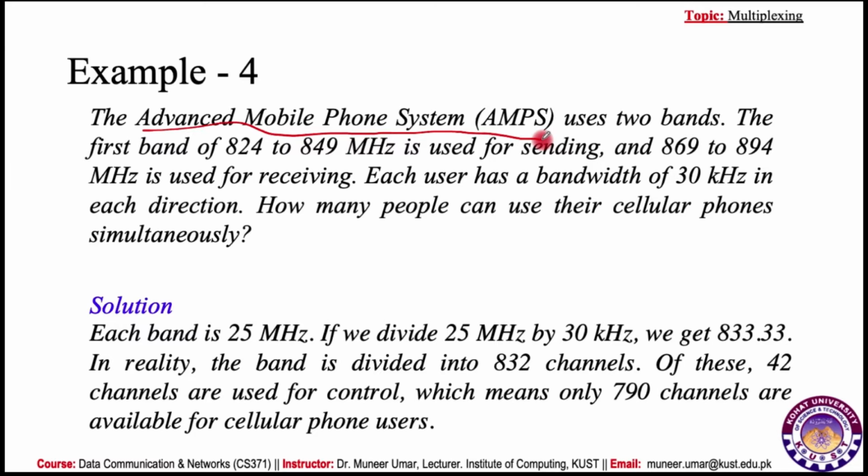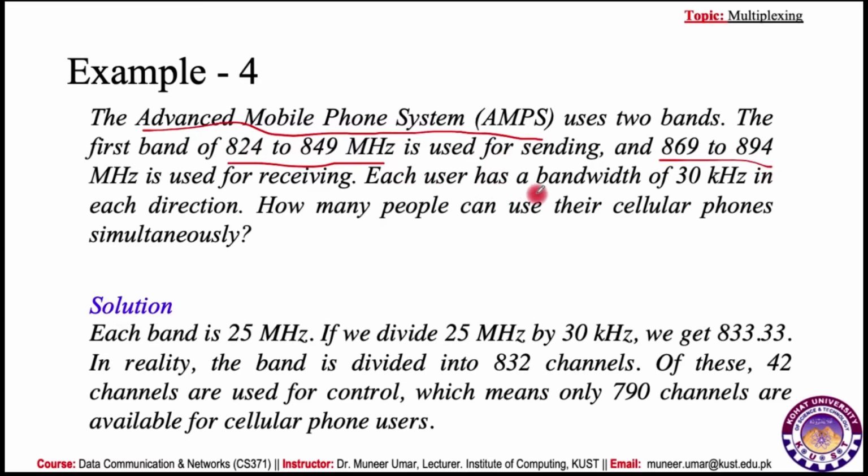The AMPS uses analog signals, and for multiplexing it uses FDM, frequency division multiplexing. So it uses two bands. The first band of 824 to 849 megahertz is used for sending, and 869 to 894 megahertz is used for receiving. One for sending and the second range is for receiving.